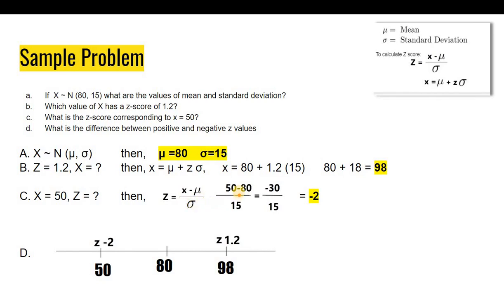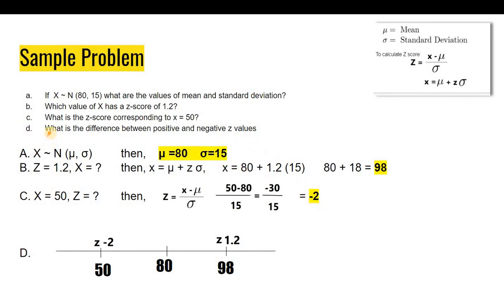Z is equal to x of 50, given na kasi, minus 80, which is our mean, and then over 15, the standard deviation. Therefore, 50 minus 80 is negative 30, over 15, and then our answer is negative 2. So, the z-score corresponding to x of 50 is negative 2.